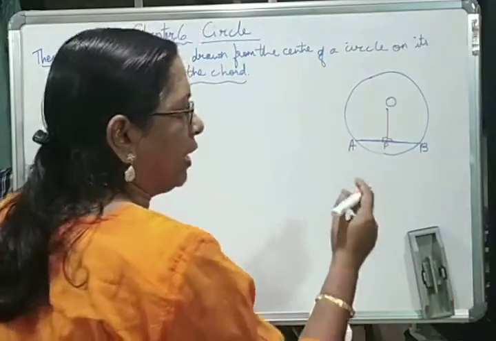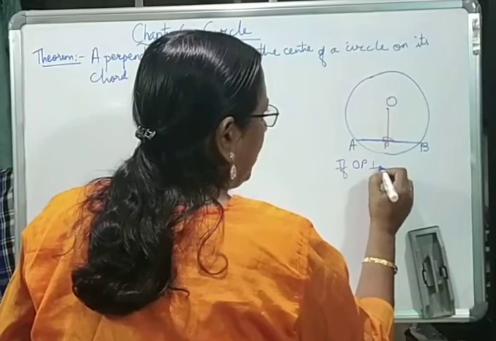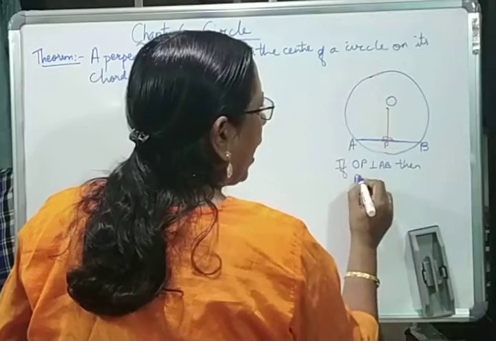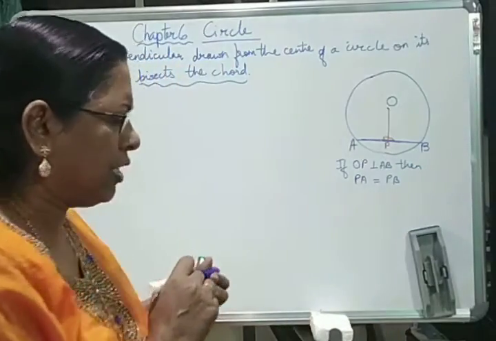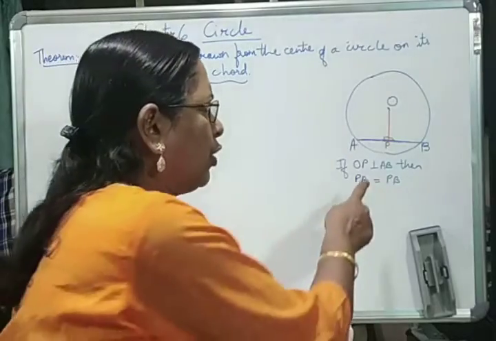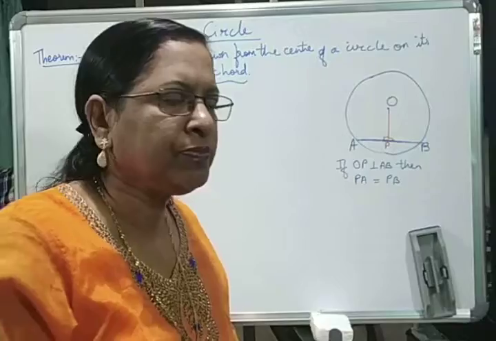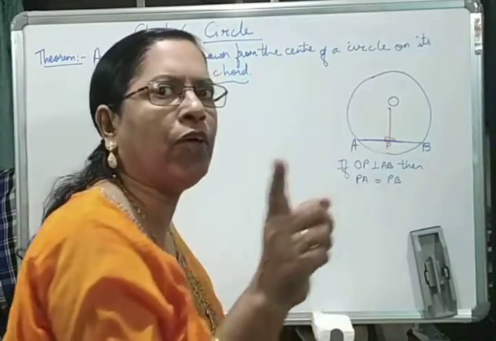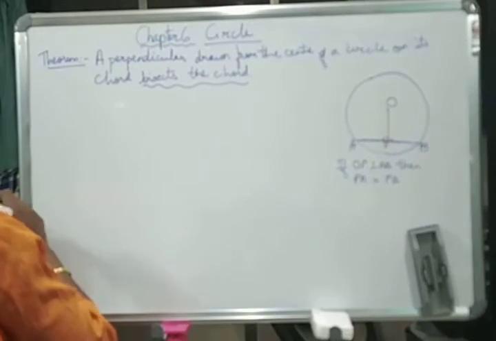So again I am reminding you, if OP is perpendicular to AB, then PA is equal to PB. So this theorem you must know. So the word is given, if it is perpendicular to the chord, then this chord is divided into two equal parts.